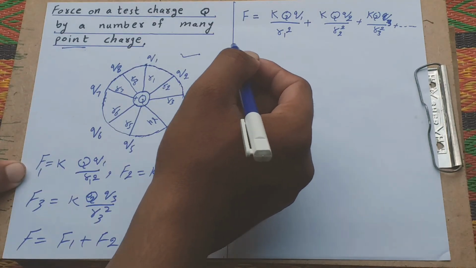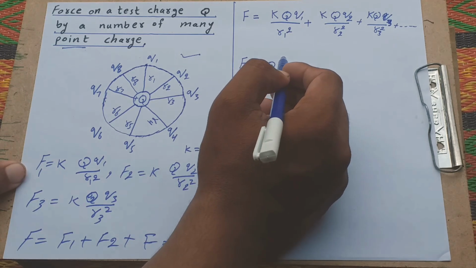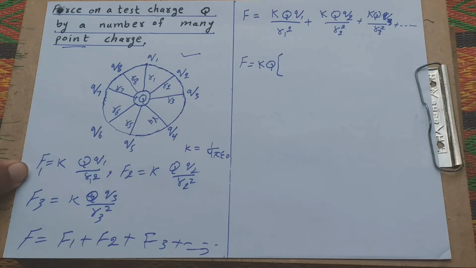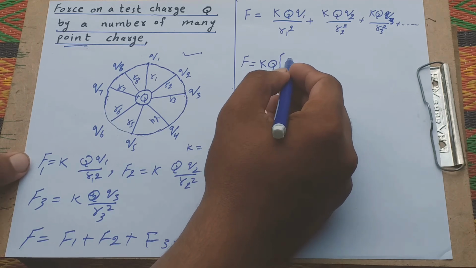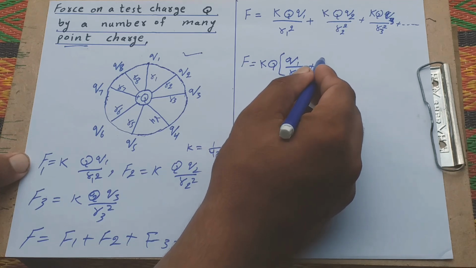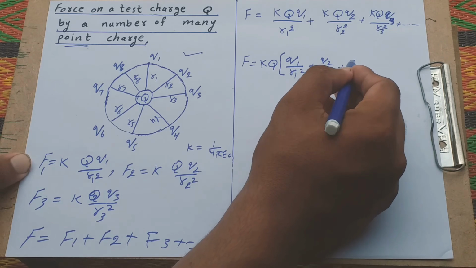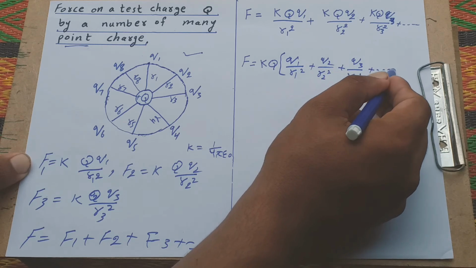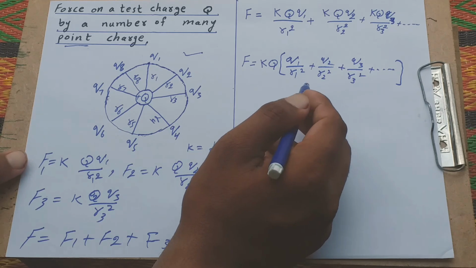We write our values here, and after adding, we take k and Q common, since this is the same in all the values. With kQ common, we have q1 over r1 squared, q2 over r2 squared, q3 over r3 squared, and so on up to the value of q8.